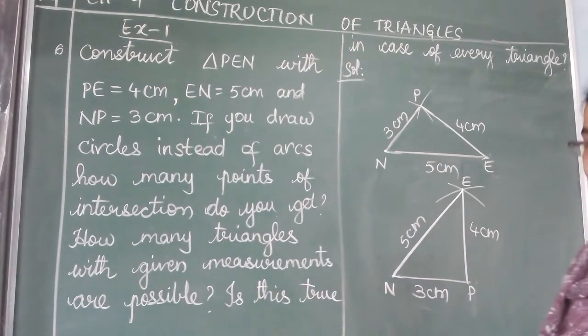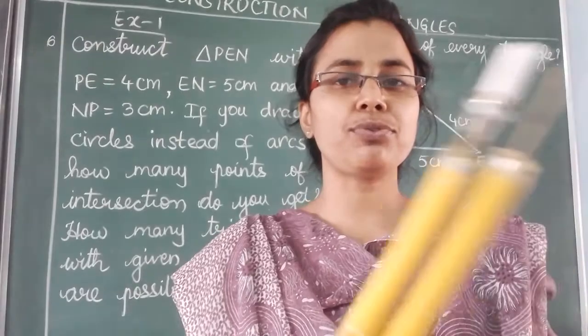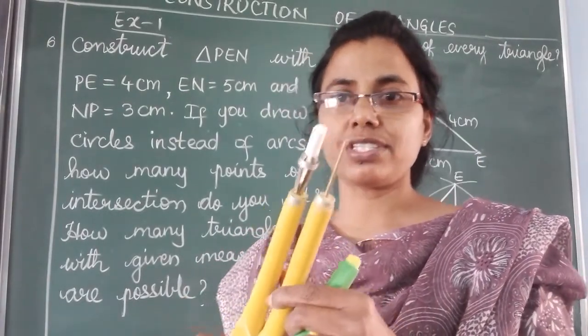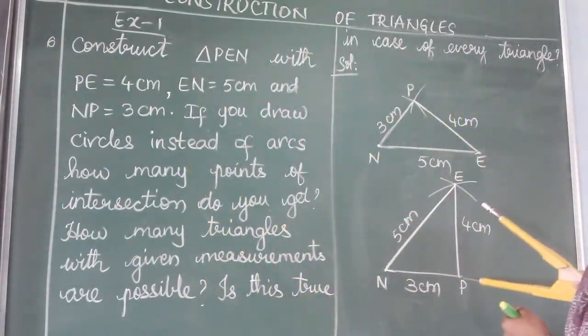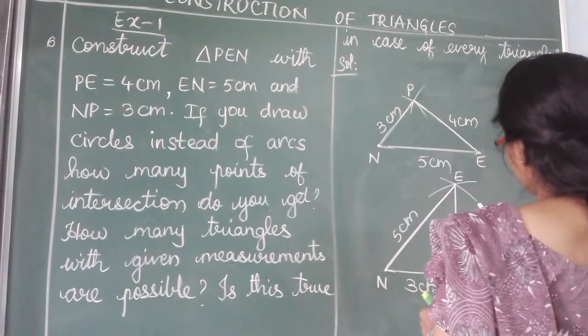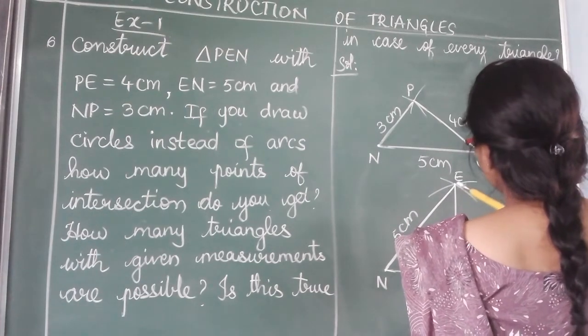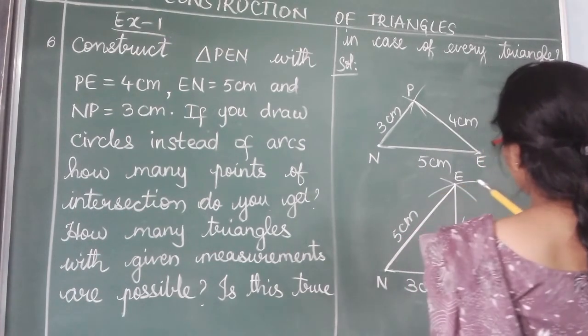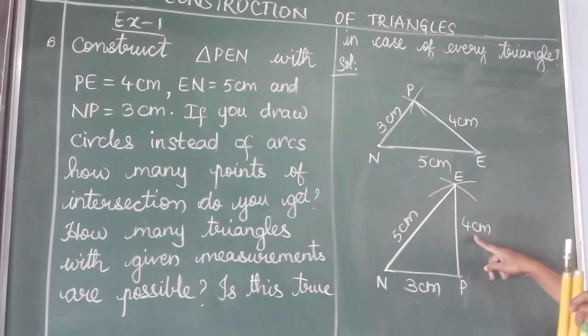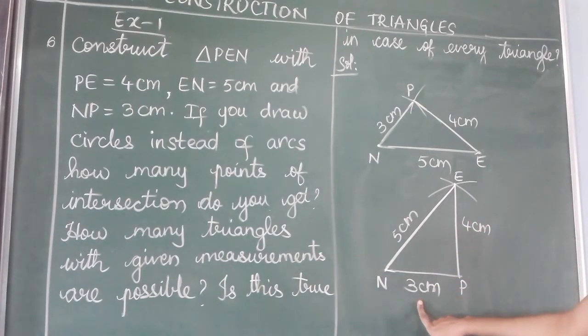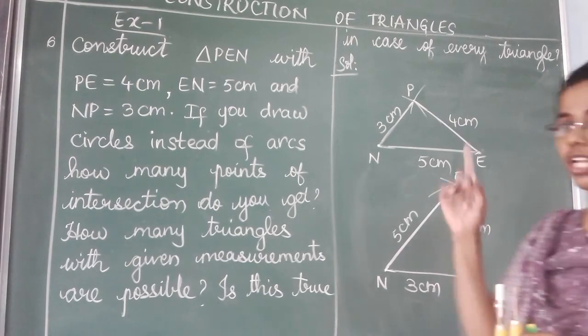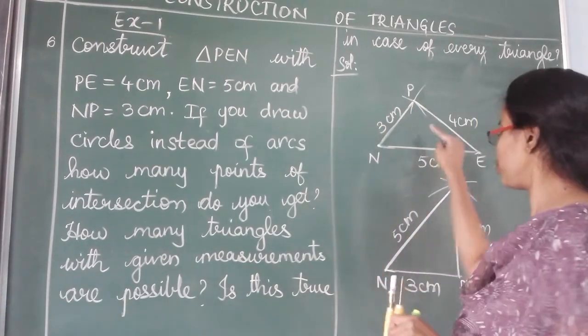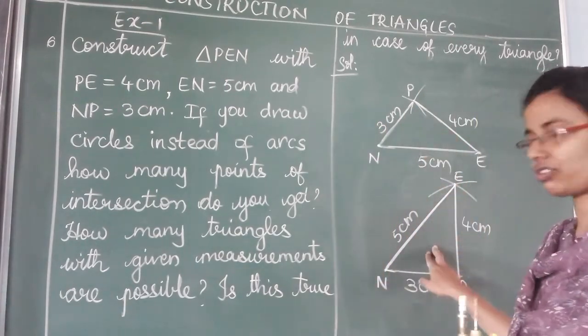Then from P we use our compass, measure 4 centimeters, and draw an arc. So this is 4 centimeters, this is 5 and this is 3 centimeters. So initially one triangle we got, now the second triangle, and this is the third triangle.